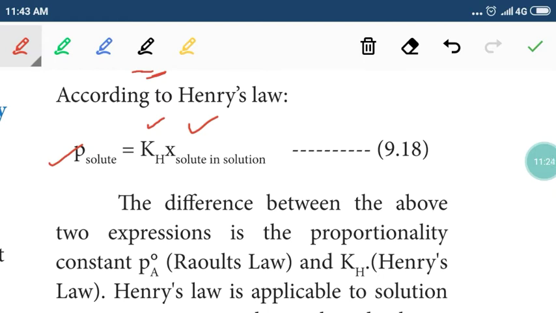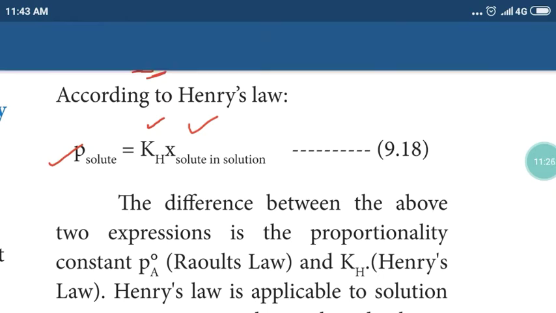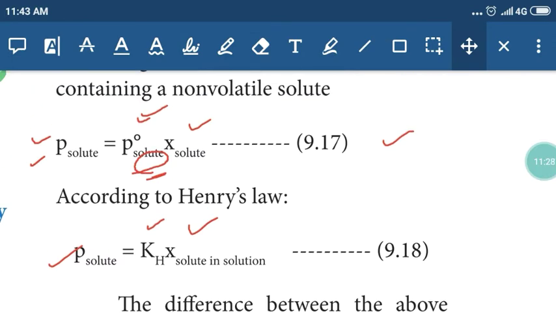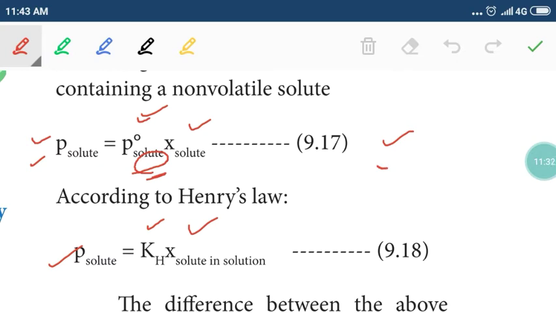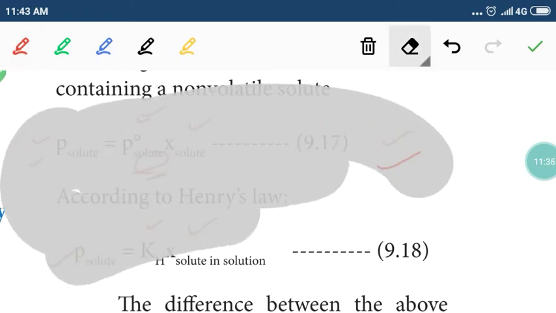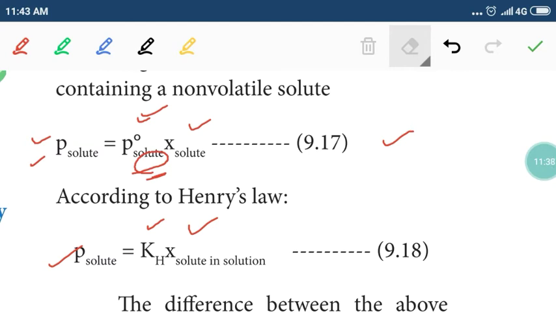What is the difference between these two? Equation 9.17, Raoult's law. Equation 9.18, Henry's law. So what is the difference between these two equations?